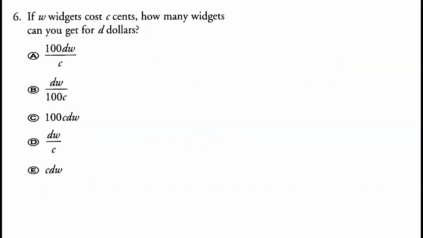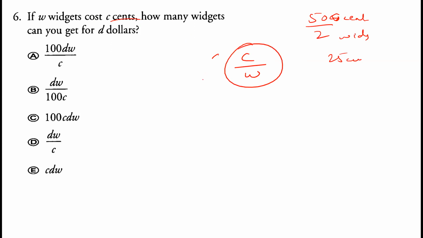Now if W widgets cost C cents, how much would each widget cost? Each widget would be C divided by W. Let's suppose you can buy 2 widgets for 50 cents, so 1 widget is for 25 cents. So C over W is basically the cost of 1 widget.